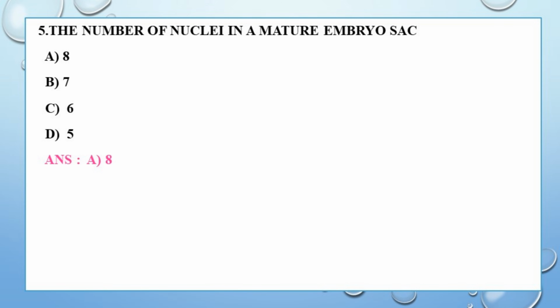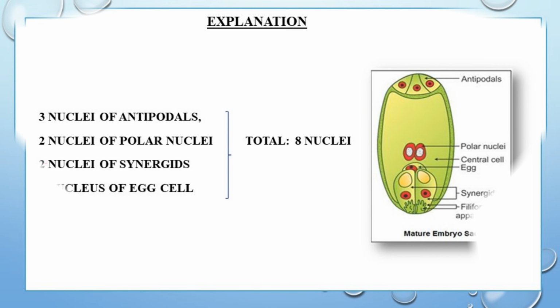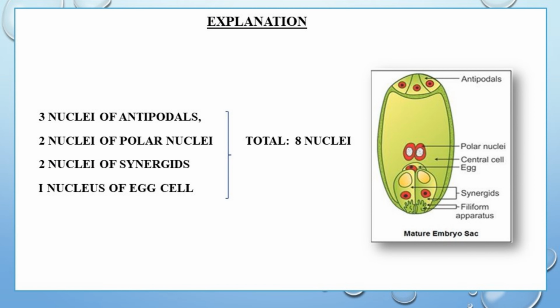All those things you have to recollect in order to answer this question. Here you can see the diagram of mature embryo sac of an angiosperm ovule. So here you can see the number of antipodal cells, that is 3.